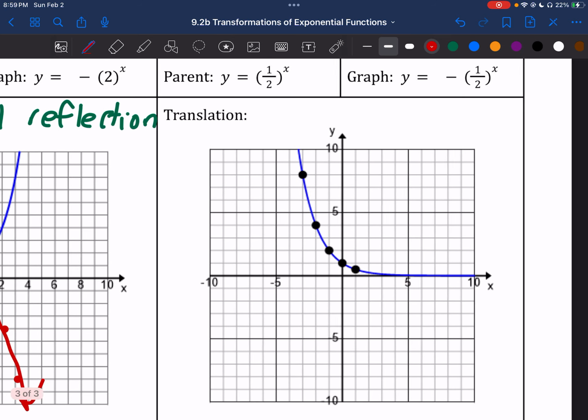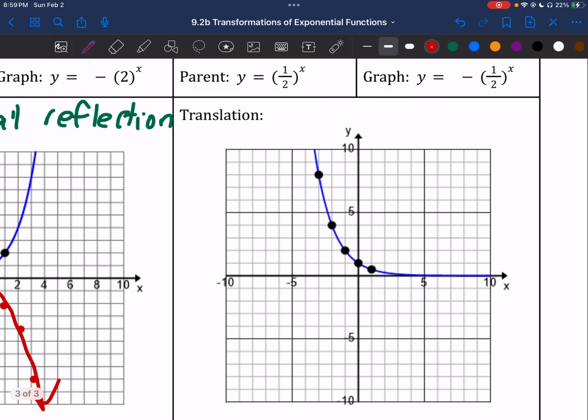On our next one here, y equals 1/2 to the x is the original parent function, and we see an example of that there. We're going to graph y equals negative 1/2 to the x power. All right, so we are going to flip these essentially. So at negative 3, 8, we're now going to be at negative 3, negative 8.